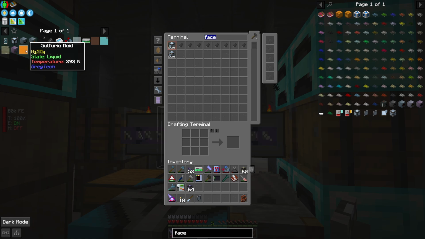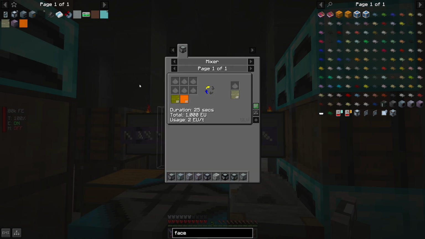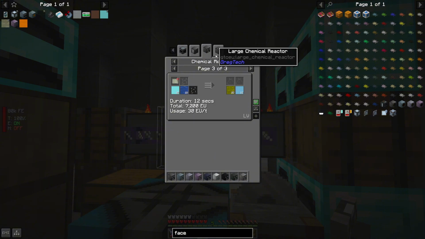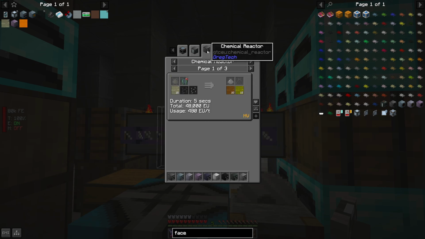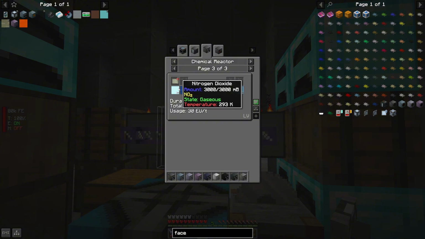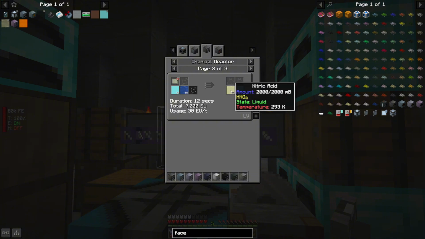So basically what we're going to be doing is once we get the sulfuric acid, then we're going to be making nitric acid. Oh yeah, here we go. So water with the nitrogen dioxide that we're making will give us nitric acid as well as nitric oxide.